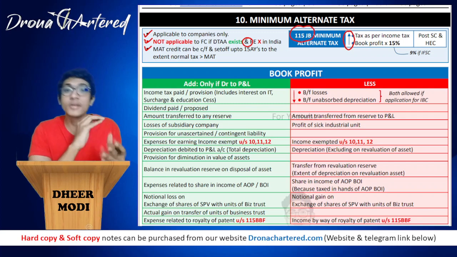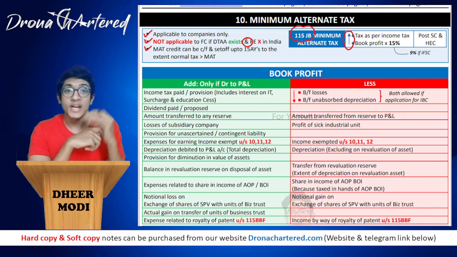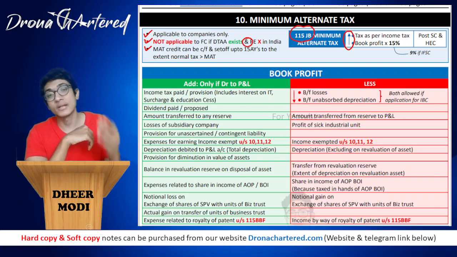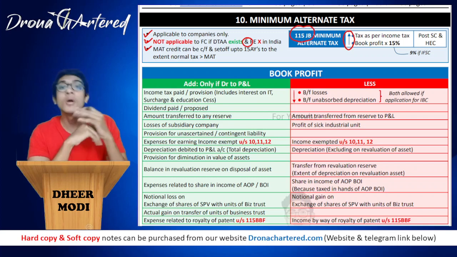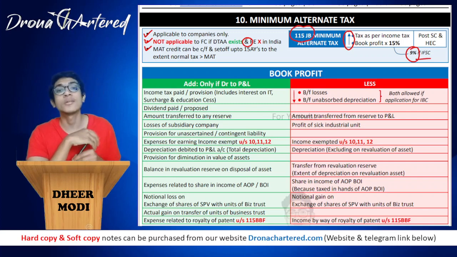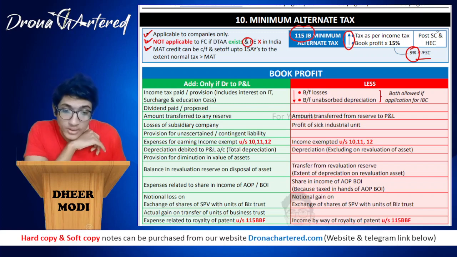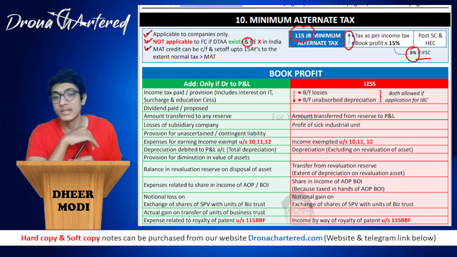Whichever is higher becomes your minimum alternate tax. That is the amount you have to pay this year. Now this 15% will be 9% if your unit is located in IFSC. This is a benefit given to IFSC units, so that instead of 15% they only have to pay 9%. Now this is post surcharge and HEC, that is, health and education cess.